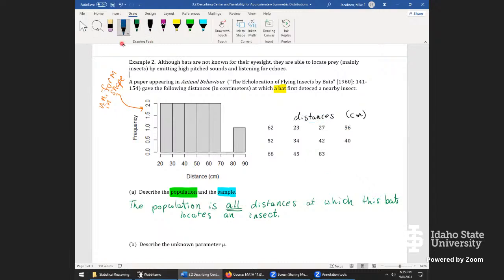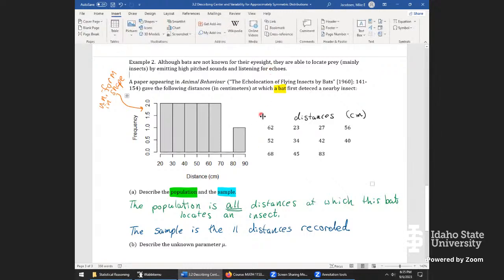So we'll say the sample is the 11 distances recorded. So we've got it down. That's the population. That's the sample.